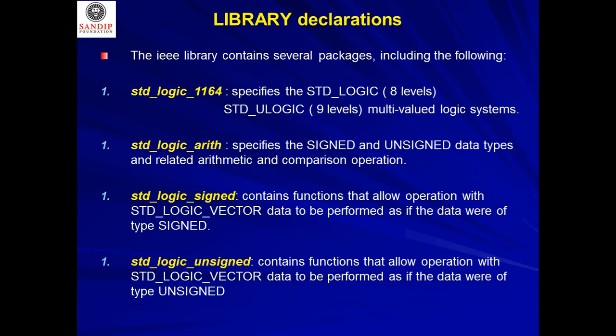Next package is standard logic sign. It contains functions that allow the operation with std underscore logic underscore vector data to be performed as if data were of type sign. Next package is std underscore logic underscore unsigned. It contains functions that allow the operation with std underscore logic underscore vector data to be performed as if data were of the type unsigned.